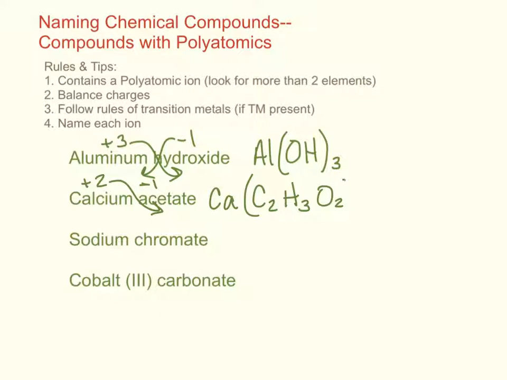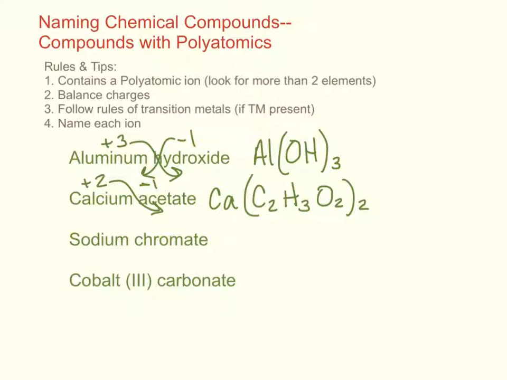So I have to put my acetate in parentheses with the 2 on the outside, so I know that I have 2 acetates, and my calcium is a 1. So I have 1 calcium with a positive 2 charge, so I've got a total positive 2 charge here, and each of my acetates have a -1 charge, but I have 2 of them, so I have a -2 charge there. So my +2, my -2, and it's neutrally charged.